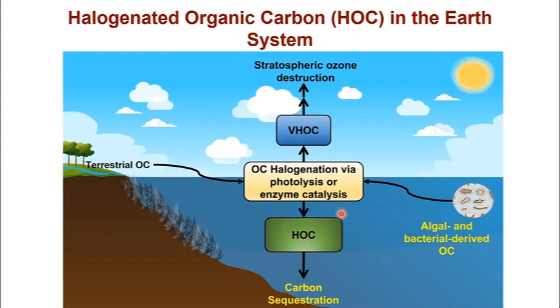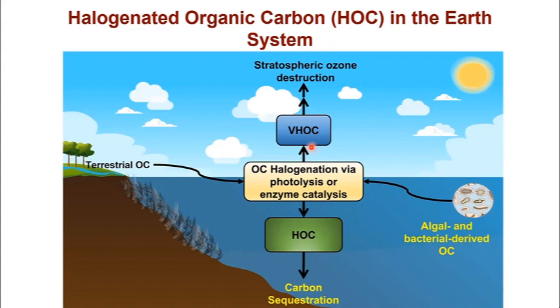Organic carbon in general in the ocean can be halogenated either through photolysis or enzymatic catalysis, through algal or bacterial derived enzymes, or the exudate organic carbon, or carbon from the terrestrial environment gets halogenated. Two kinds of products can be formed.